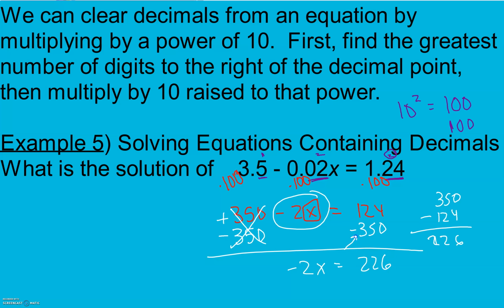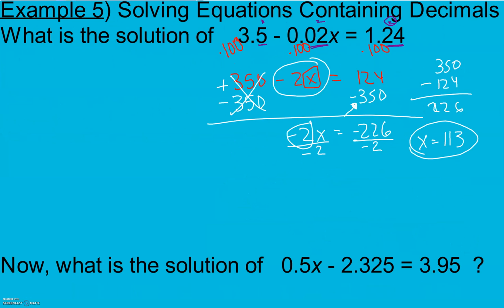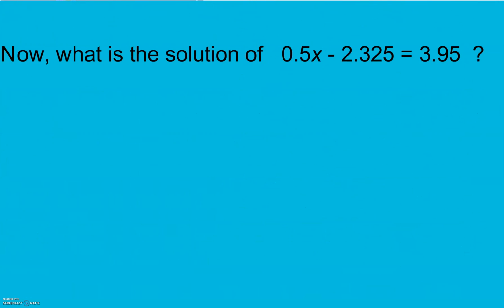And because my 350 is negative, it's a negative 226. I'm multiplying, so I get rid of it by dividing. And I get x equals positive 113. And again, we could have gotten there without clearing our decimal. So either way, whatever you're most comfortable with.